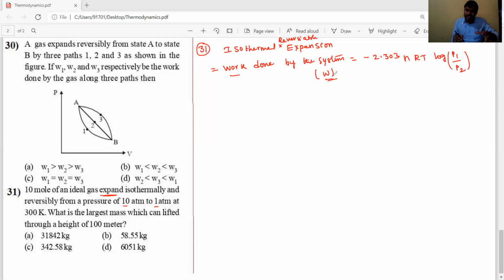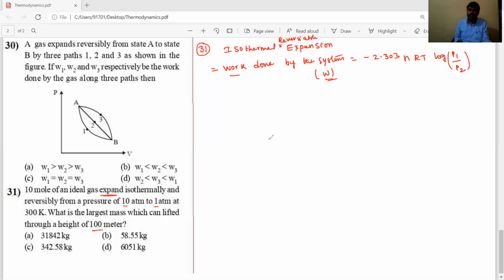Now this work is carried out through a height of 100 meters. The work is the movement of an object against a force. How much mass is moved up to 100 meters, that we need to find out finally.